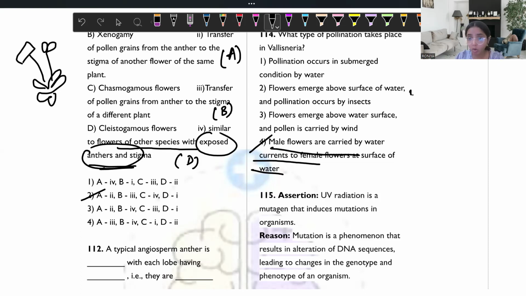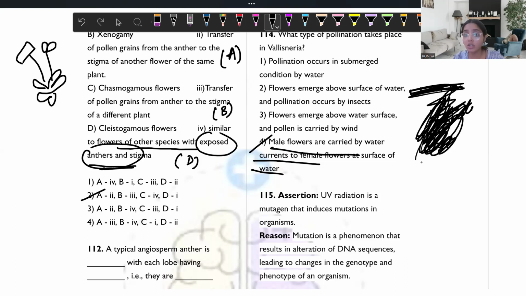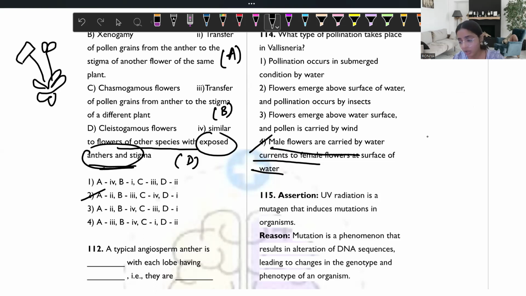In Vallisneria, water pollination is occurring, but not inside the water. On the surface of the water, yes. This is a very important point which your NCERT says: Vallisneria is an example of water pollination, and the pollination occurs on the surface of the water and not inside the water. Understood? I hope it is clear.